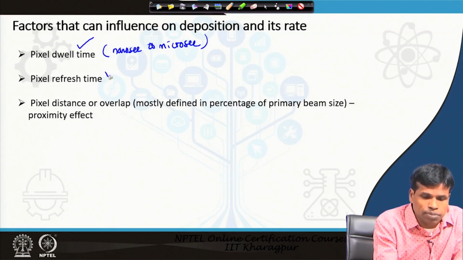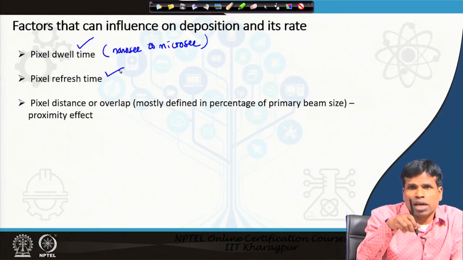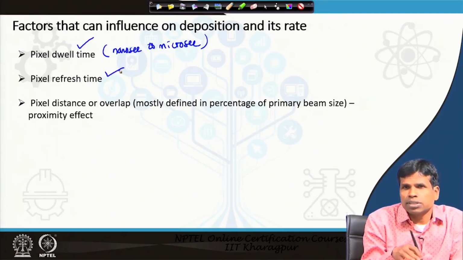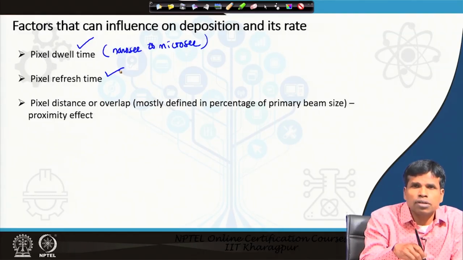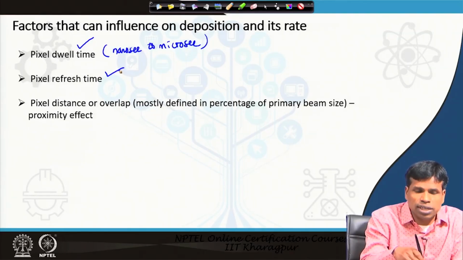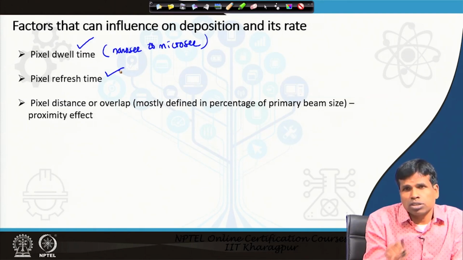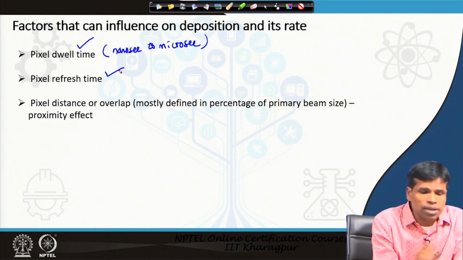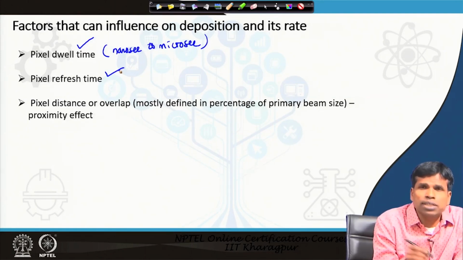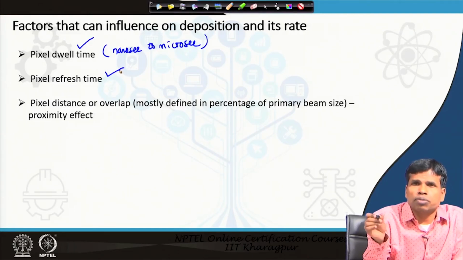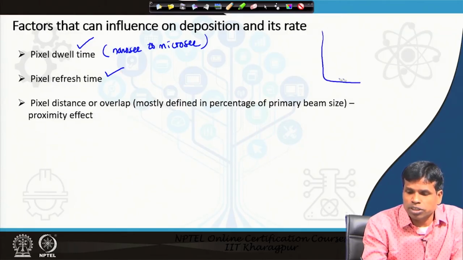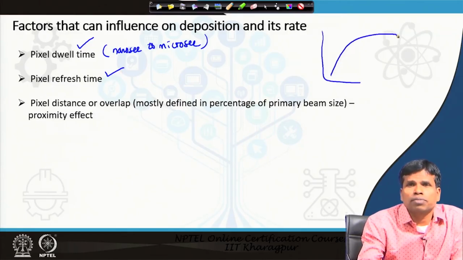Pixel refresh time: when the ion beam falls on a pixel, it then gives some interval before another ion beam falls. That is the refresh time. During the refresh time, the precursor gets refilled. So if the refresh time is more, the deposition rate will increase, and then become saturated.